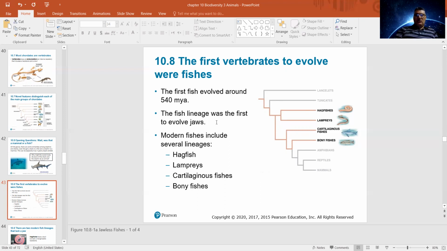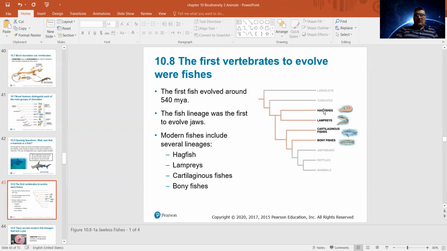The fish is the first one that started to evolve a jaw, an evolutionary adaptation, so they can get something and break it down before they swallow it. And the modern fishes that are still here are the hagfishes, the lampreys, the cartilaginous fishes, and the bony fishes. These are the different types.